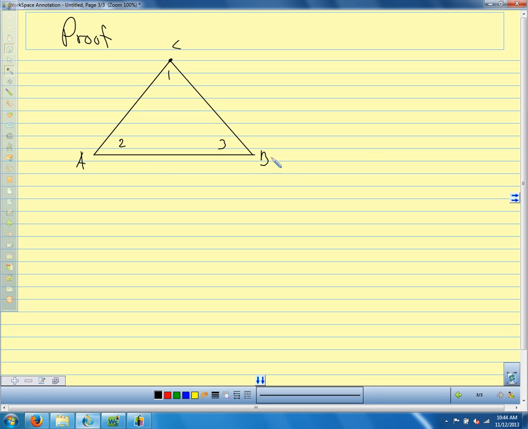And we'll call it triangle ABC. So we're going to be given triangle ABC. And we want to prove that the measure of angle 1 plus the measure of angle 2 plus the measure of angle 3 equals 180 degrees.